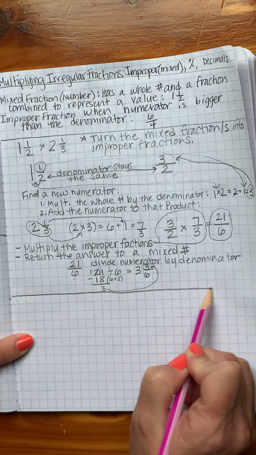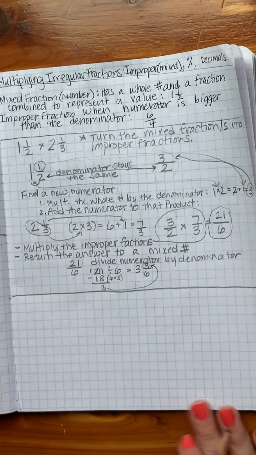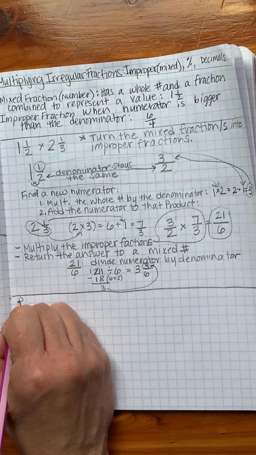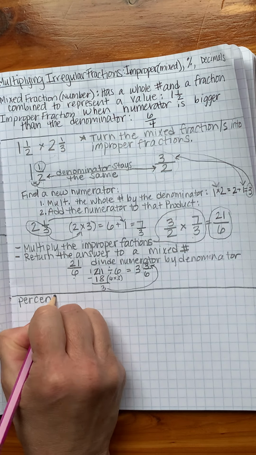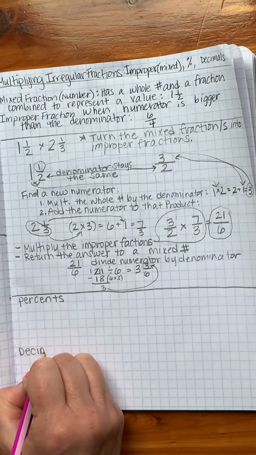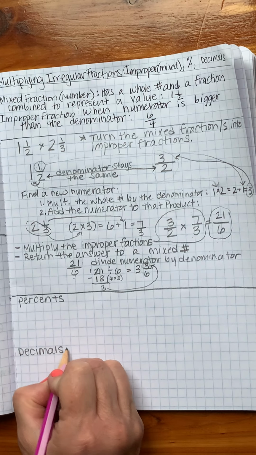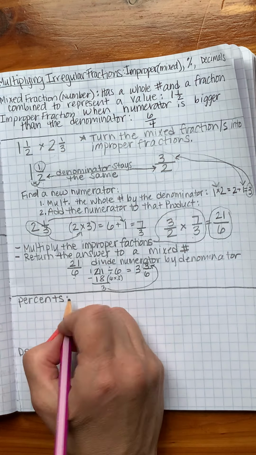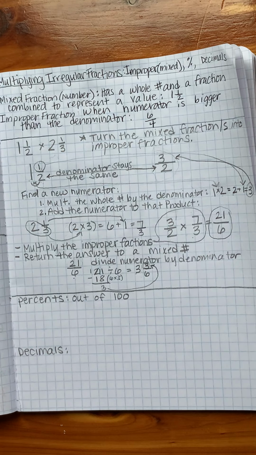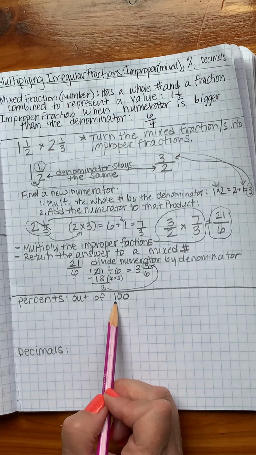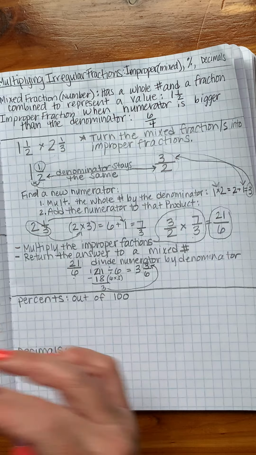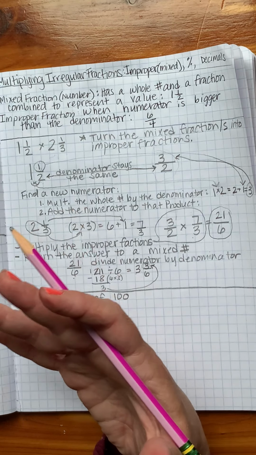Okay, now in this very last section here, I'm going to talk about multiplying with percents and decimals. Okay, so I want to remind you that the word percent means out of 100, okay? So when we look at a percent, what that is really saying is that's the amount that is selected out of 100.